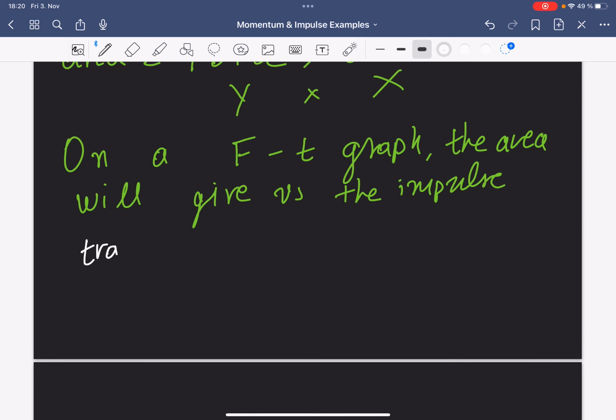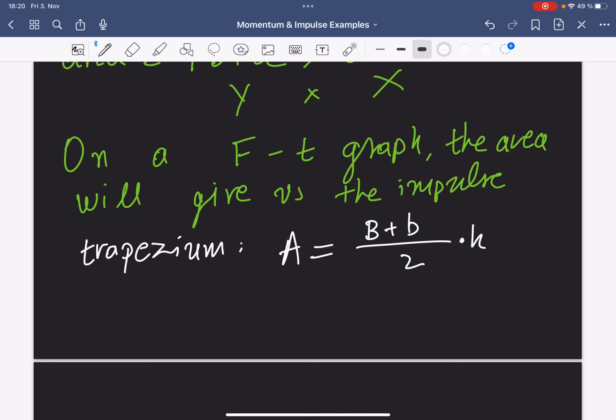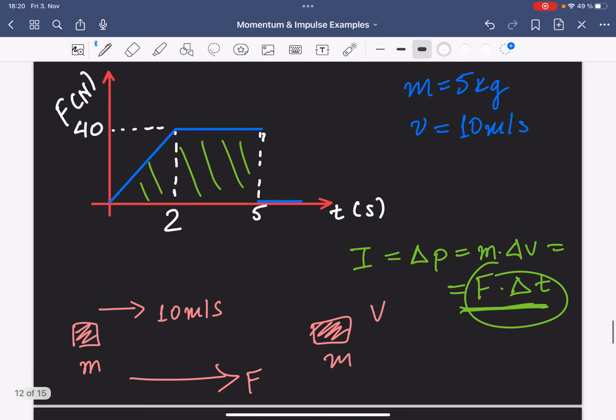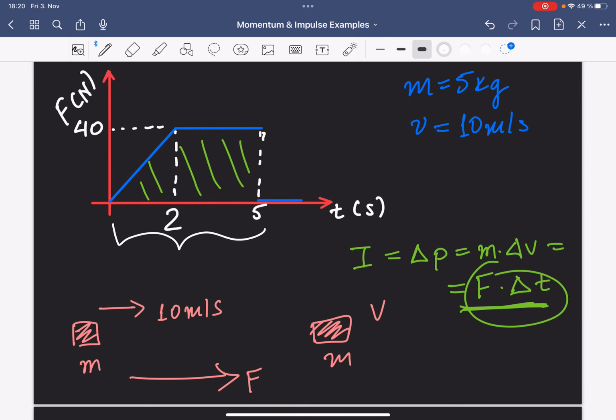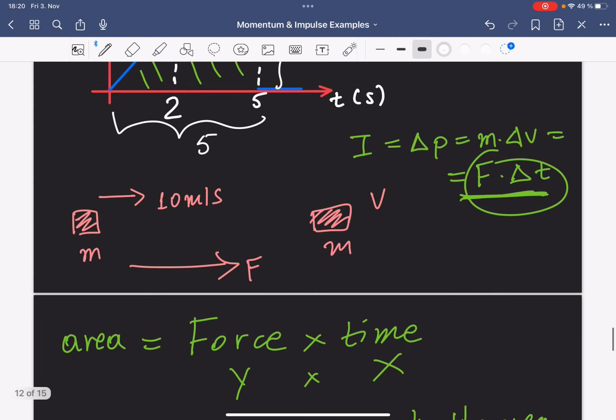So we have a trapezium, which we know that its area A is going to be the large base plus the small base times the height divided by 2. On this one, we have this side, which is equal to 5. We have this side, which is equal to 5 minus 2, so that's a 3. And then the height is going to be 40.